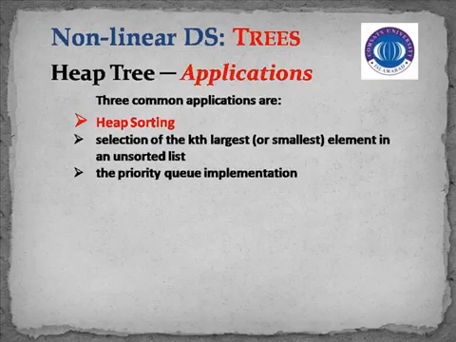Ladies and gentlemen, the heap tree may be applied either in the process of heap sorting, or selection of the kth largest or smallest element in an unsorted list, or in the priority queue implementation.